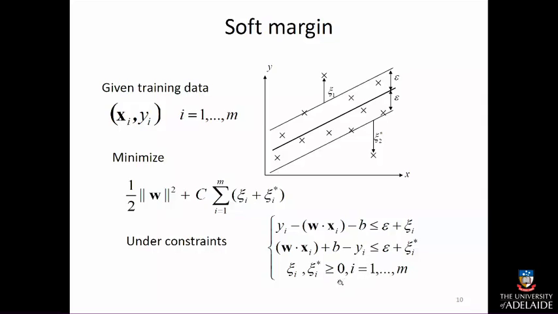Let's assume that it must be non-negative. If it's negative, we can safely set it to be 0. Is that right?